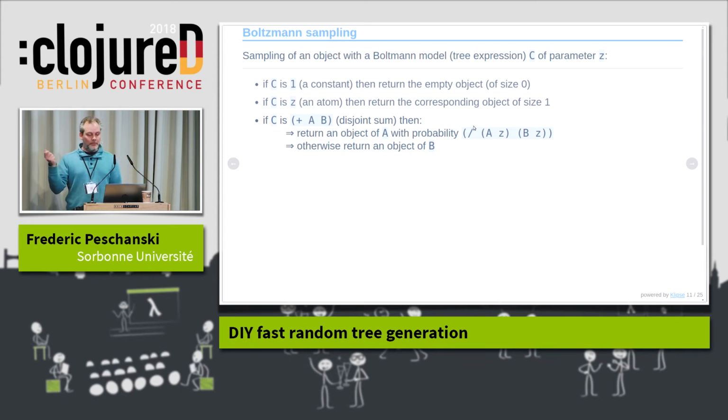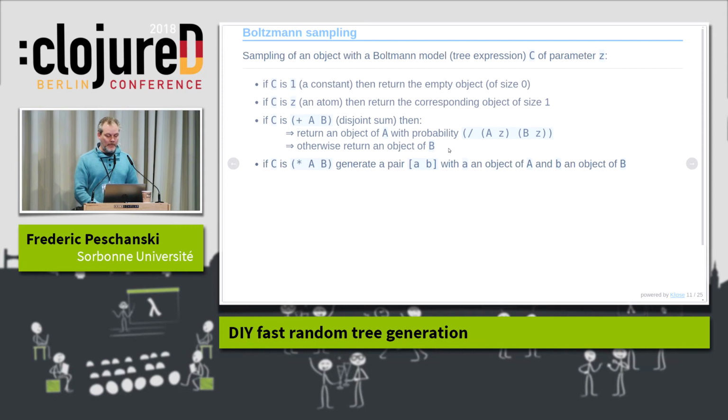And you will draw a random number between 0 and 1. If you're below this division, you will generate an object of type A, and otherwise generate an object of type B. So that's Boltzmann sampling.